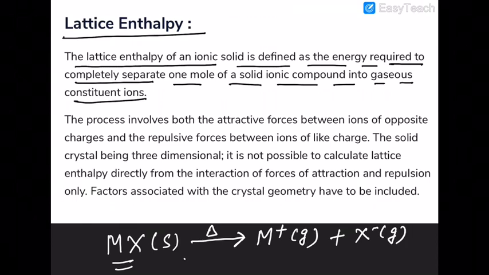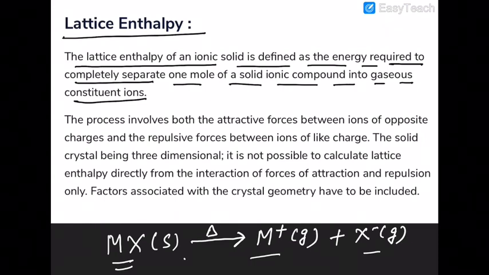So you are completely separating the constituent cation and anion of the ionic substance. It is the amount of energy required to separate 1 mole of cation and anion in 1 mole of the ionic compound. You may call it the reverse also: the energy released when the requisite number of cations and anions come close together to form 1 mole of the lattice.